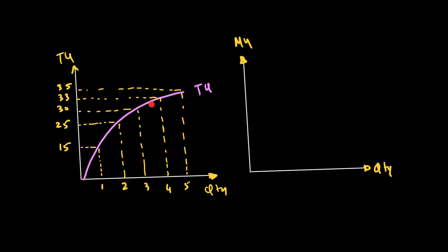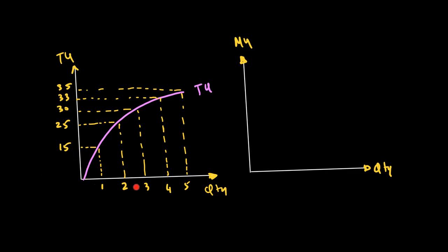As I consume each unit of the good, you can see my total satisfaction is going up. But what is important to see is that the rate at which it's going up is actually decreasing. For the first cup, I get 15 extra. The second cup, my total went to 25, but the difference between 25 and 15 is 10. So the extra satisfaction that I get from consuming the second cup is only 10, but the extra satisfaction from the first cup is more, which is 15.